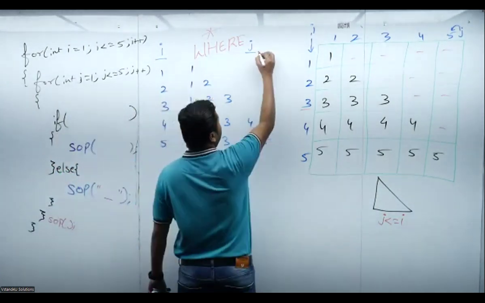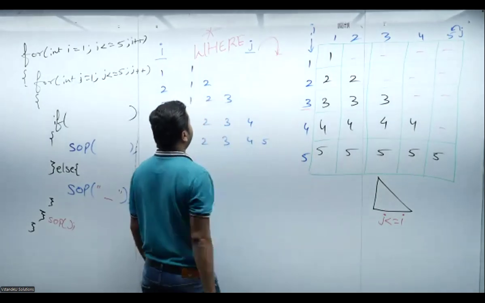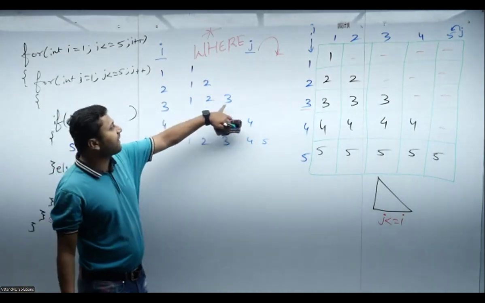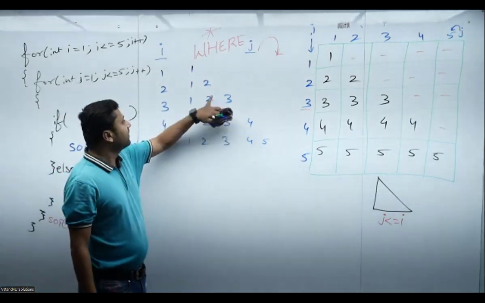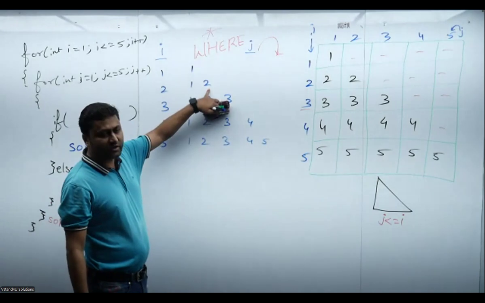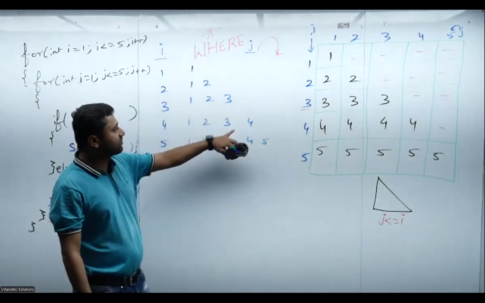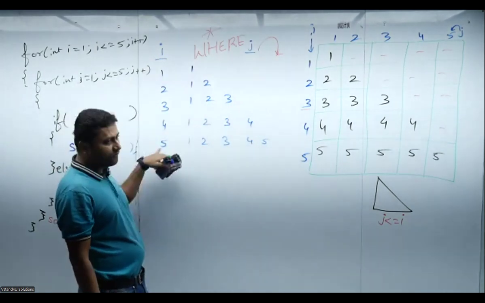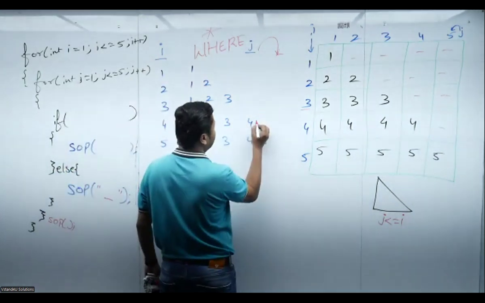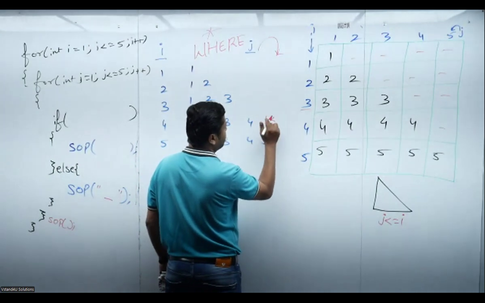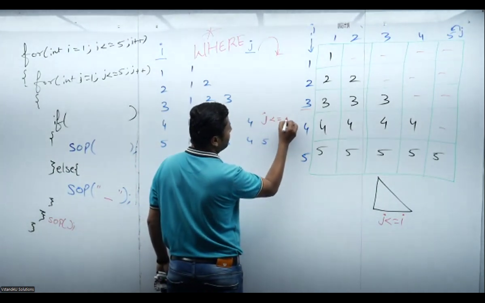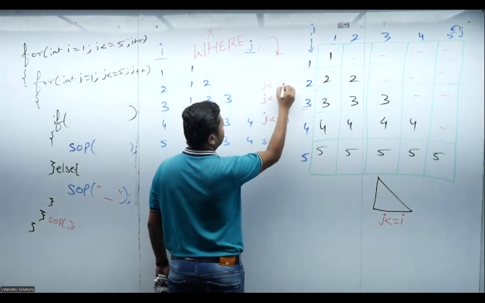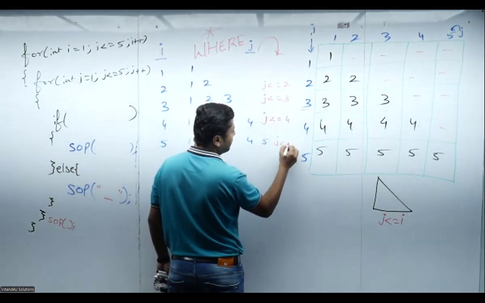And this j value, if I need to tell it in a generic way, are you telling me j starts with 1 and maximum goes till 3, j starts with 1 and maximum goes till 2, j starts with 1 and maximum goes till 4? Basically that is in symmetry with respect to the value of i. So j is less than or equal to 4, here j is less than or equal to 3, j is less than or equal to 2, here j is less than or equal to 5.